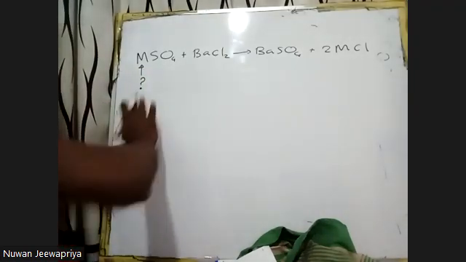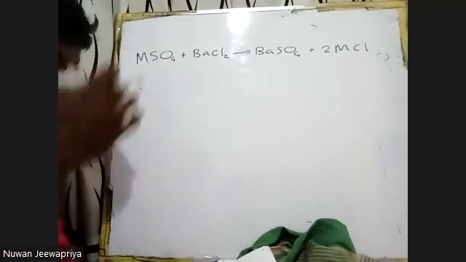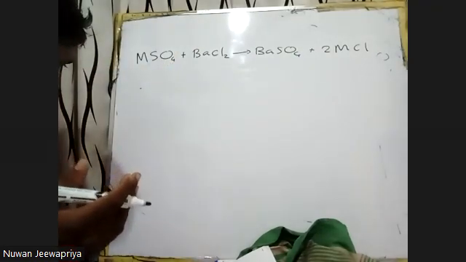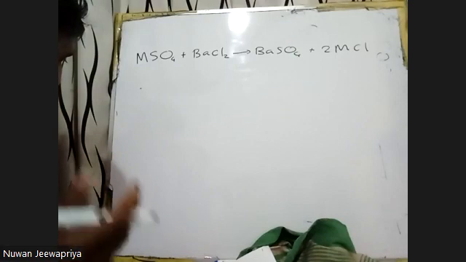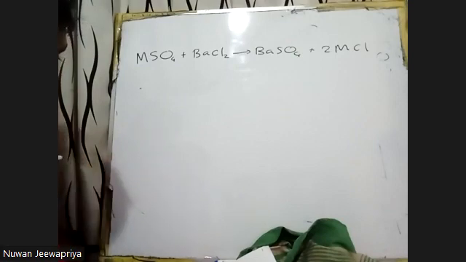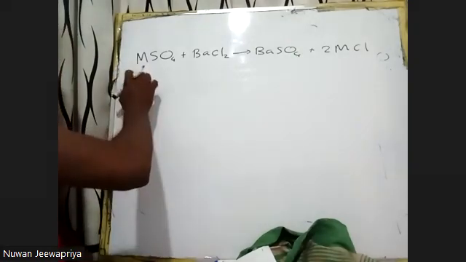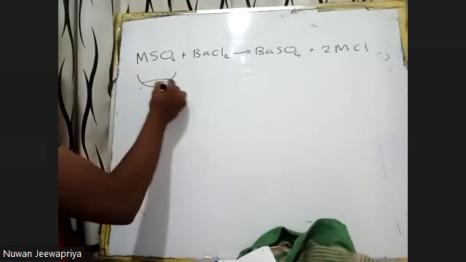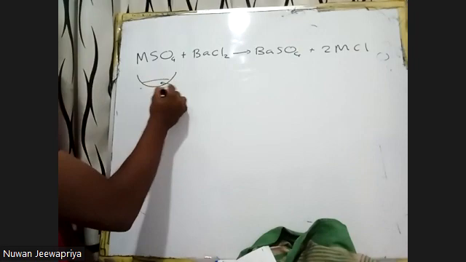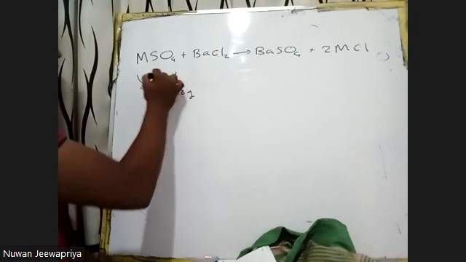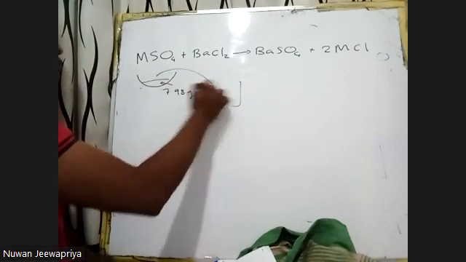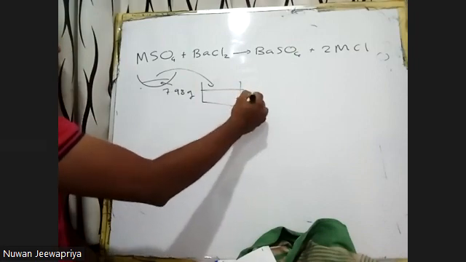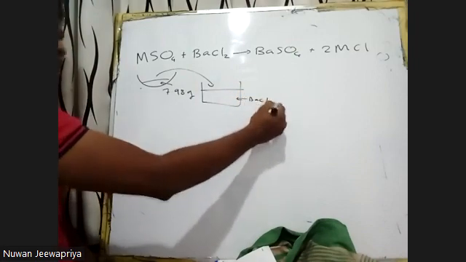Anyhow, in this one a solution is made by dissolving 7.98 grams of group 1 sulfate. This is the group 1 sulfate. I have 7.98 grams of that added to barium chloride, BaCl2.